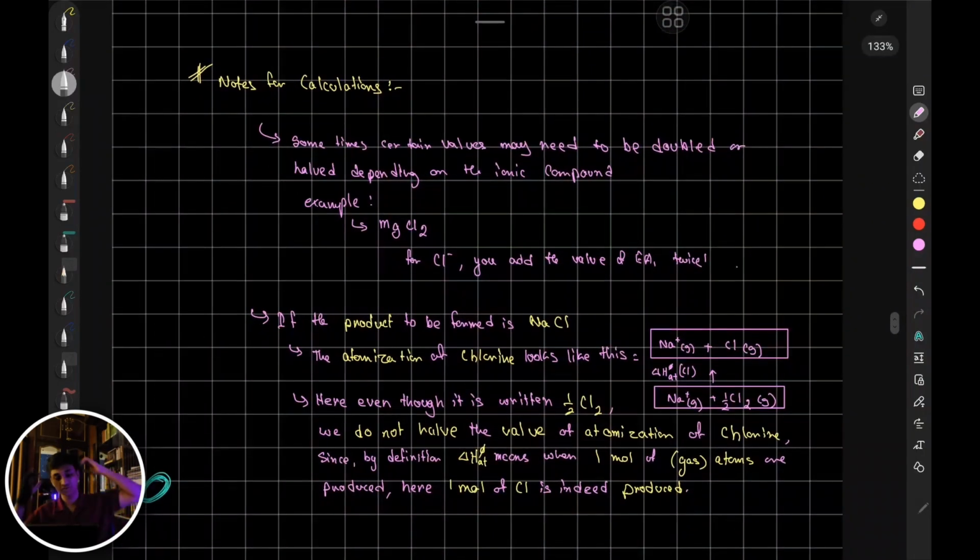So for calculation, sometimes certain values may need to be doubled or halved depending on the ionic compound. I've already given this example. So let's say for MgCl2, the electron affinity is going to be added twice, meaning that there are two chlorine atoms that need the electron. Therefore, two electrons are going to be provided.